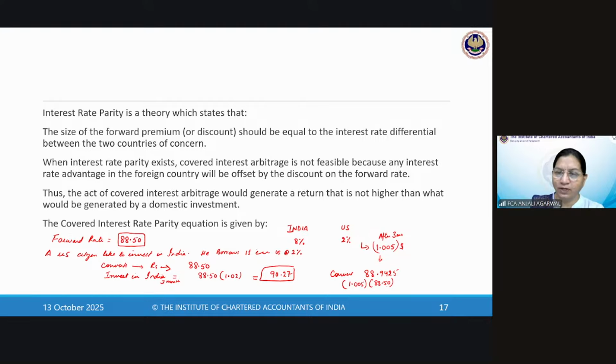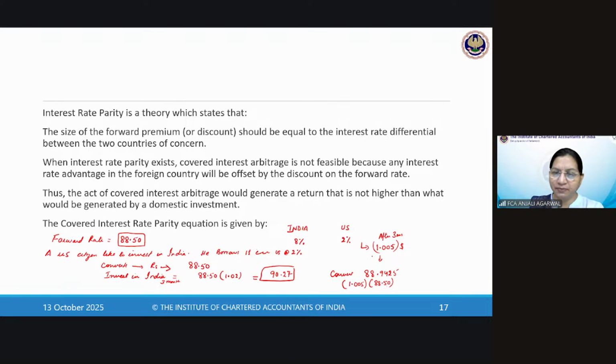He will borrow $1 in the US at a 2% rate of interest, convert it into rupee, it will become 88.50. Invest in India at the rate of 8% per annum. So after 3 months, he ends up getting 2%: 88.50 into 1.02, he gets 90.27.